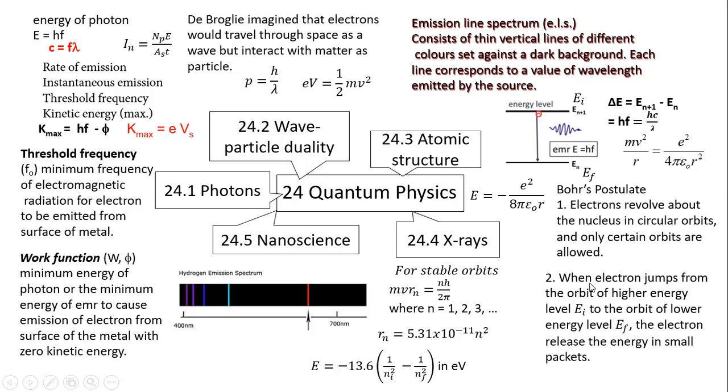The second postulate says that the electron jumps from an orbit of higher energy to one of lower energy, and electromagnetic radiation is given by E equals hf. From these equations we derive the equation for radius, then the Bohr radius times n squared. For the Bohr radius, you put n equals 1; for another orbit, n equals 2.